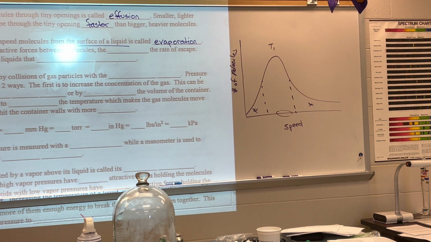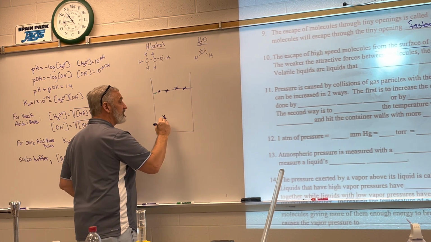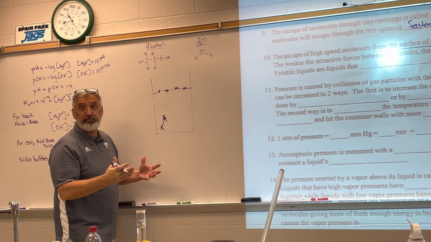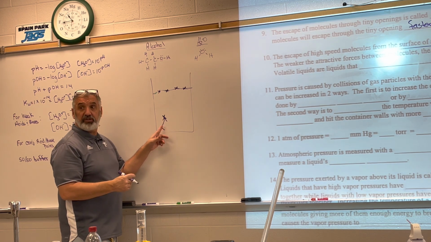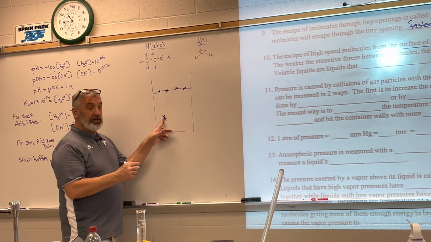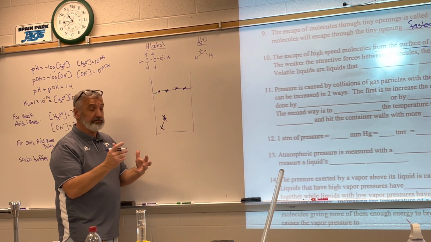But what happens is that we have the rapid random motions of our molecules. So this molecule here gets super fast, hits this one. But just like playing pool, when this one hits, this one slows down, this one speeds up. And total energy is the same. No energy is lost due to friction.